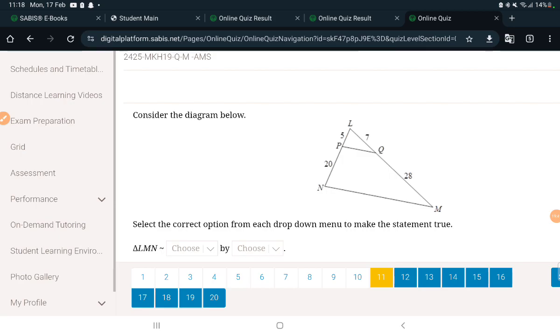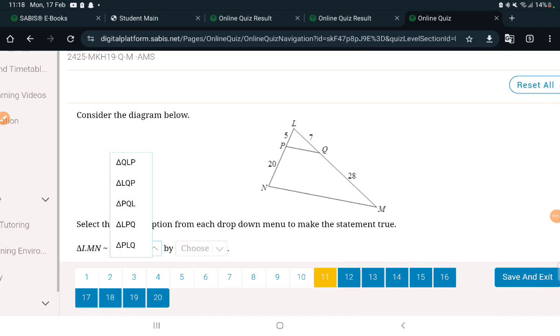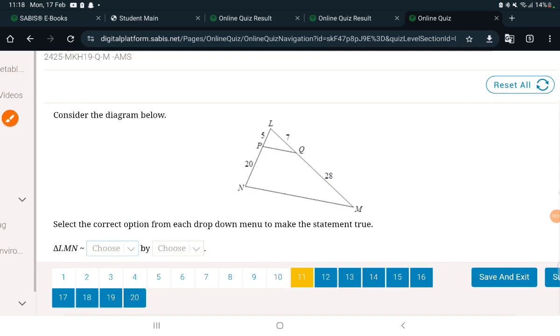Okay, LMN is similar to blank by blank. Okay, so let's see. Alright, you have to look at what other triangle looks similar to it.